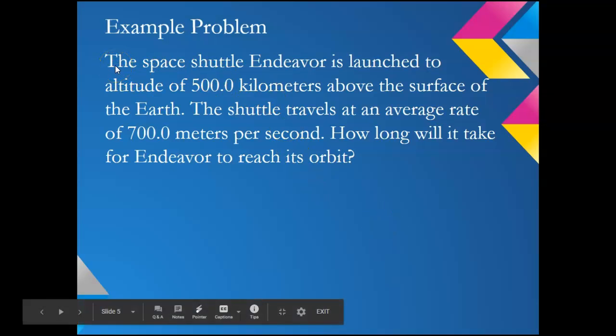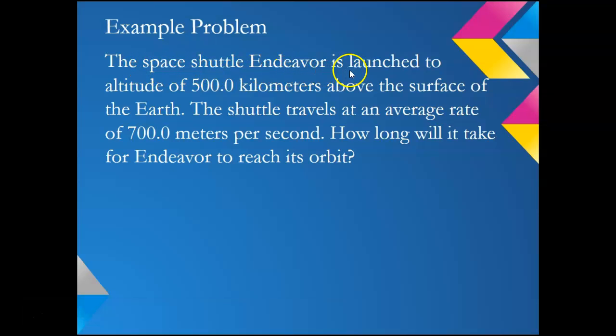Last example problem. The Space Shuttle Endeavour is launched to an altitude of 500 kilometers above the surface of the Earth. The shuttle travels at an average rate of 700 meters per second. How long will it take for Endeavour to reach its orbit?